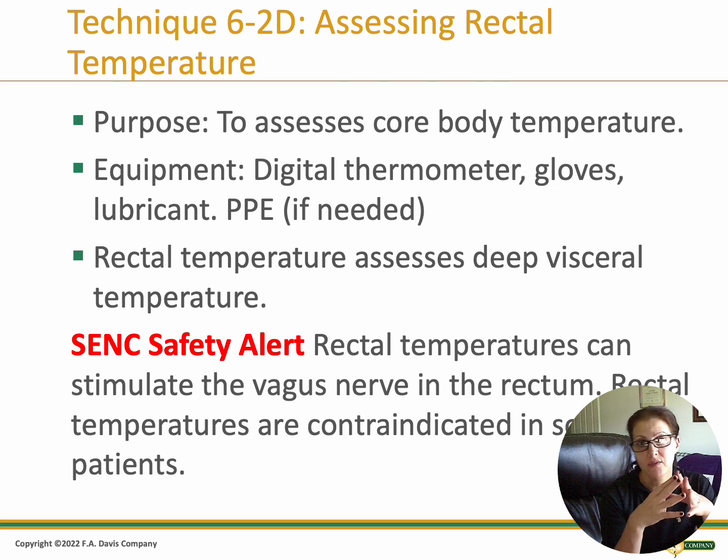Or if the patient is severely hypothermic or hyperthermic, and we really need to assess the core body temperature. And again, this is probably your most accurate temperature reading. Just be aware that it can stimulate the vagus nerve, so it can be contraindicated in some patients.